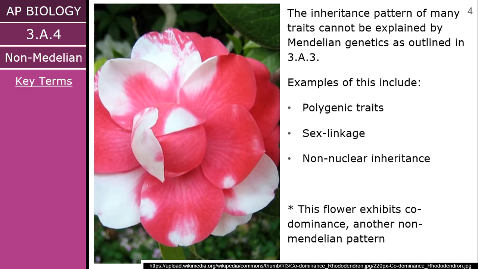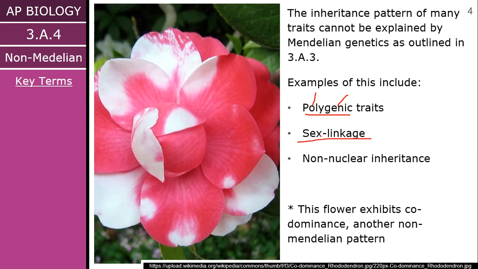One of them is polygenic. Poly means many, genic means genes. So some traits are determined by multiple genes, right? Like your height, there's not a single height gene. There's not just one gene on chromosome 4 that says you're either tall or short. There's a lot of genes that go into height. So height would be a polygenic trait.